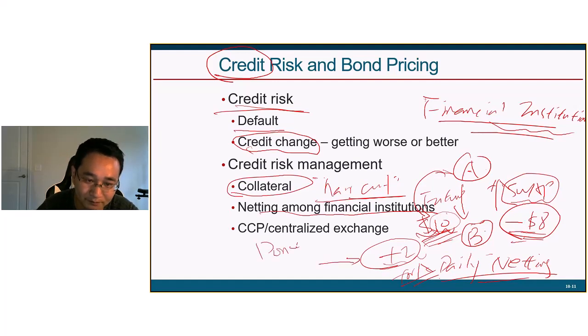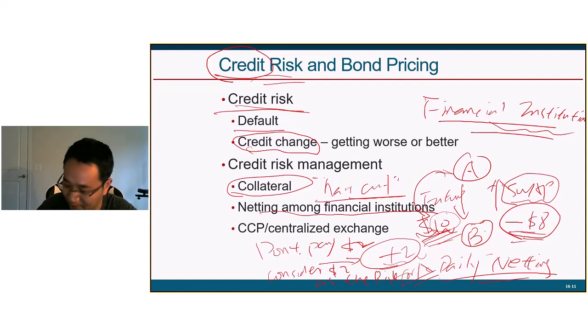They don't pay the $2 every day, because those are financial institutions. They will just consider the $2 as the credit risk. Right here we're talking about credit risk. They will only consider $2 as credit risk.